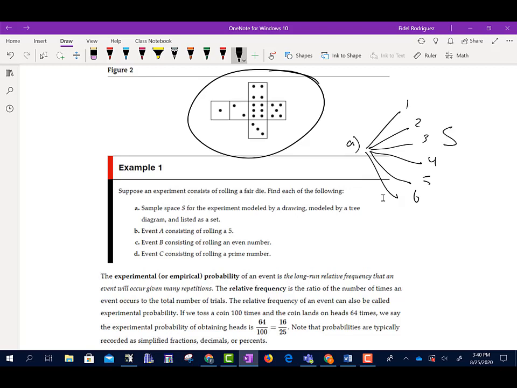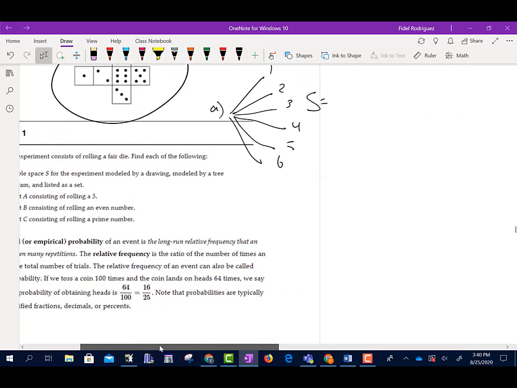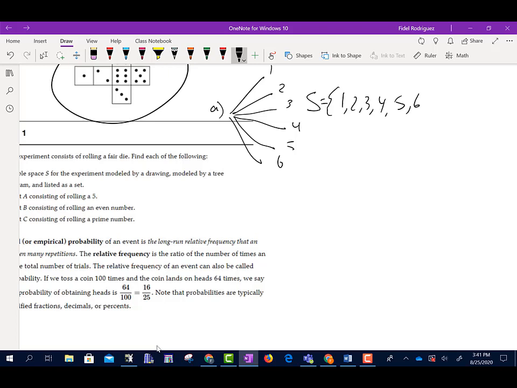As a set, it'll be the numbers 1, 2, 3, 4, 5, and 6, right?